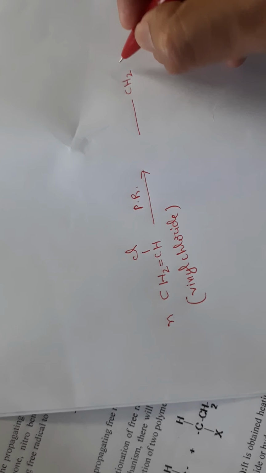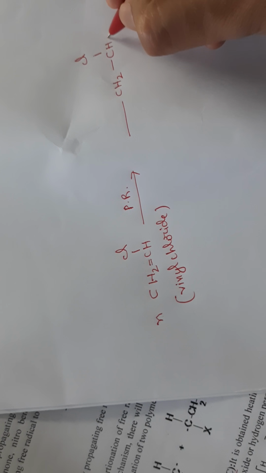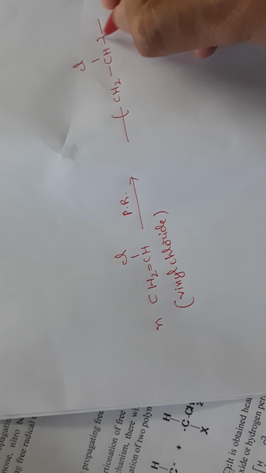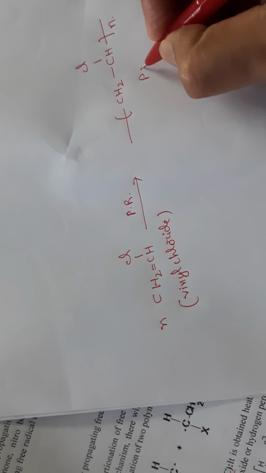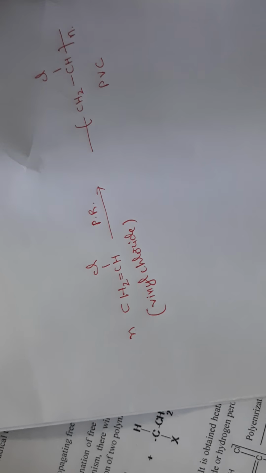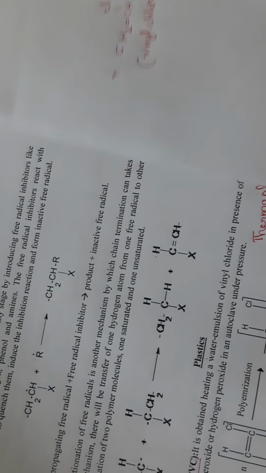This is an addition polymerization reaction. So the double bond is converted into a single bond and there will be an n in number. So this is vinyl chloride and this is polyvinyl chloride. This is the way of preparation and it is an example of addition polymerization also.